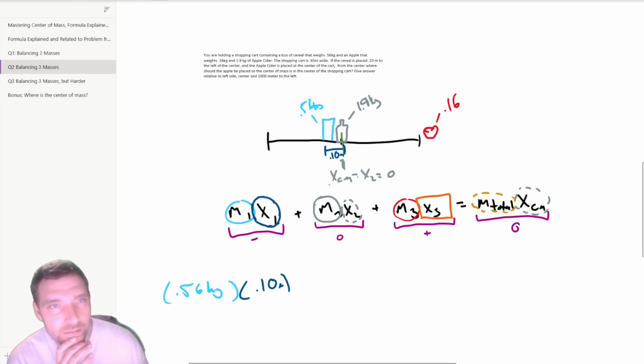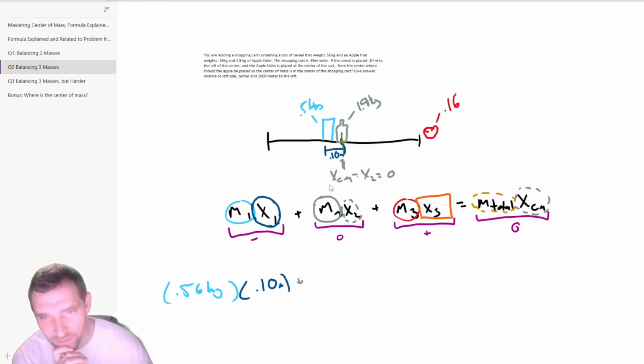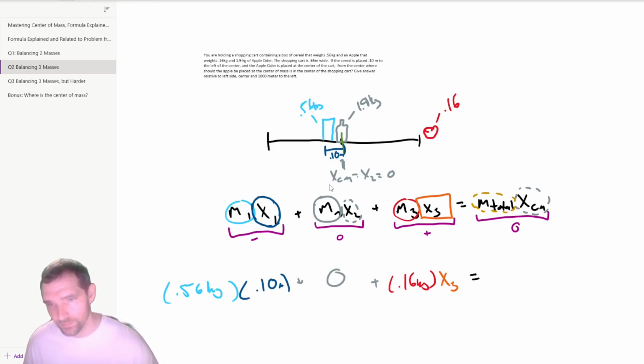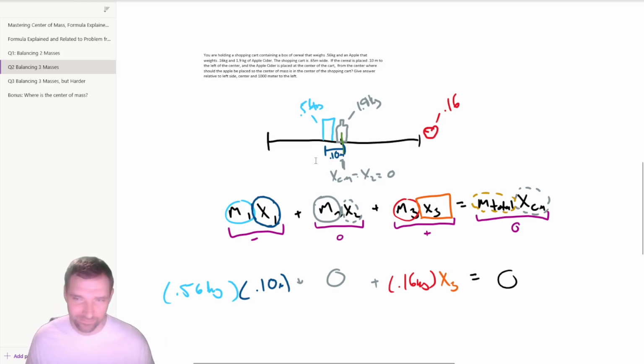And then you could plug in these numbers, but because this displacement is 0, you're going to end up multiplying out to 0 anyways. And then we've got this mass here, which was the 0.16 kilograms times its displacement, which is what we're solving for, equal to 0. Knowing that this calculation is also going to end up having a displacement of 0.